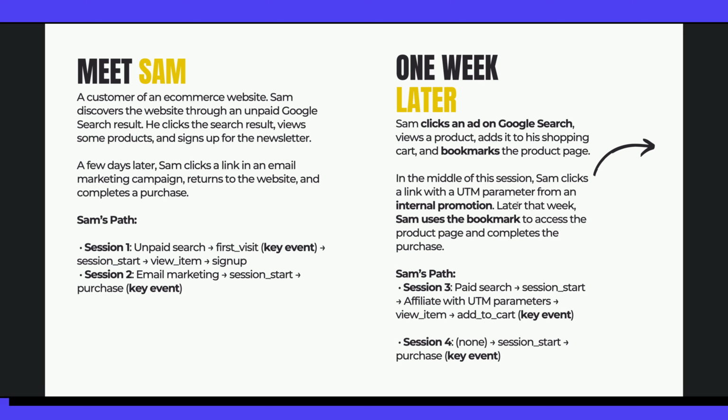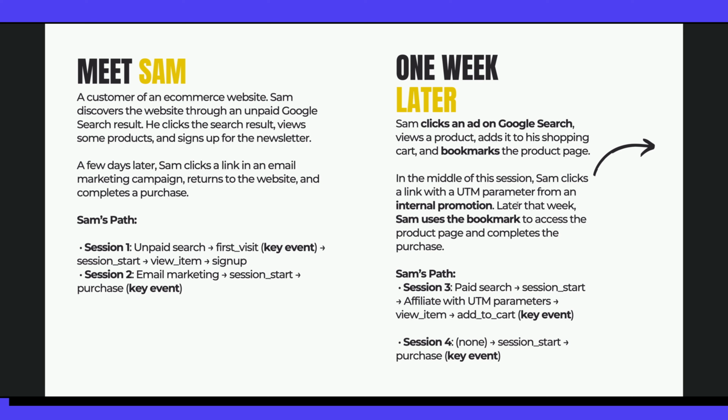For that dimension, Google Analytics will look into all the source mediums that the user came with, and then it will associate the credit for each source medium based on the attribution model. So here, the first visit would be Google Organic, the first session, where the user clicked on the website directly from a Google search.